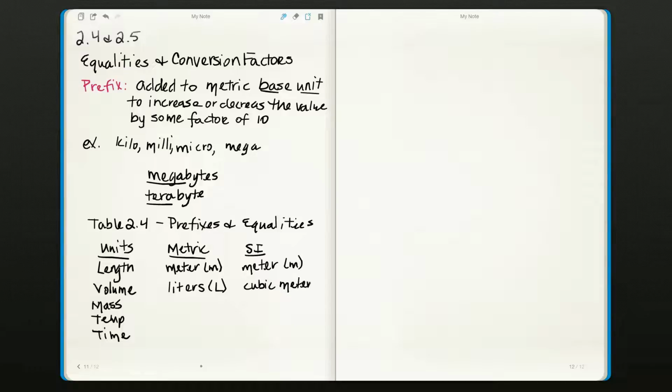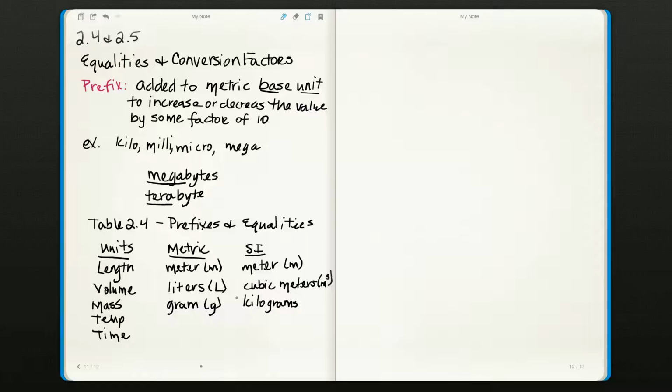And that's because volume is actually derived from length. So the symbol for cubic meters is meters to the third power. Mass is grams for metric, which is always lowercase g. And the SI unit is kilograms.